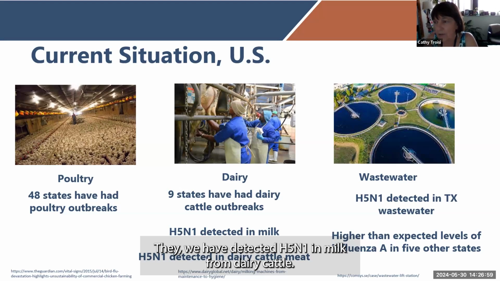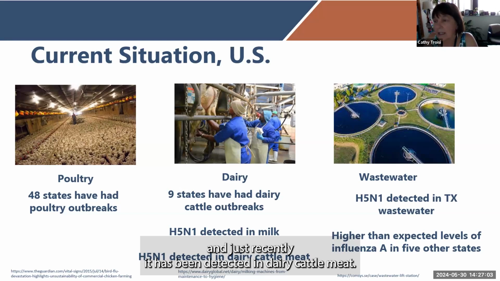We have detected H5N1 in milk from dairy cattle. And just recently, it has been detected in dairy cattle meat. This is different from beef cattle that are not dairy cows. We have also detected in Texas H5N1, this avian flu that we're talking about, in wastewater.